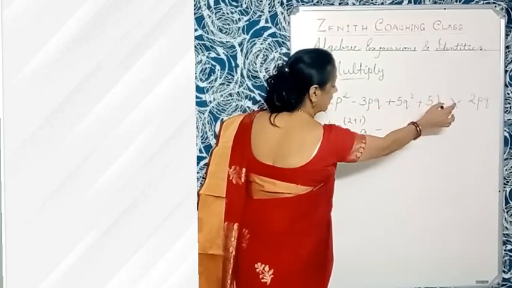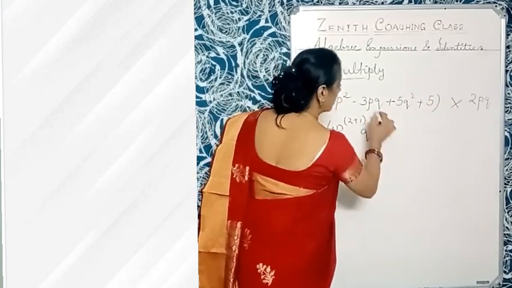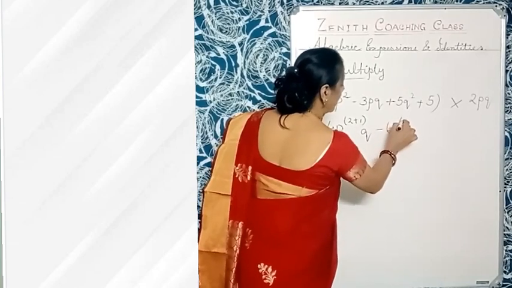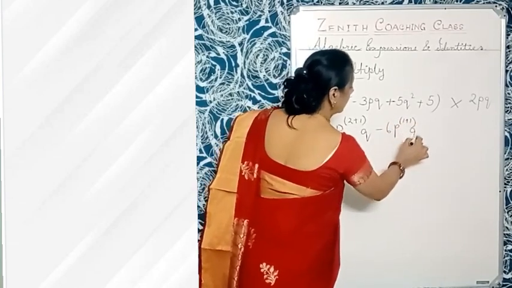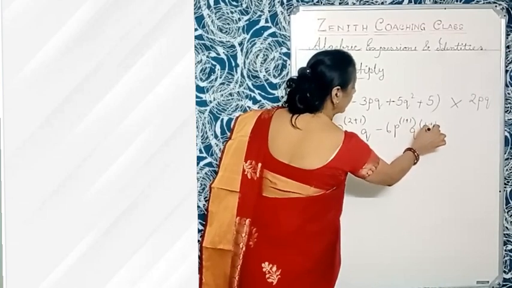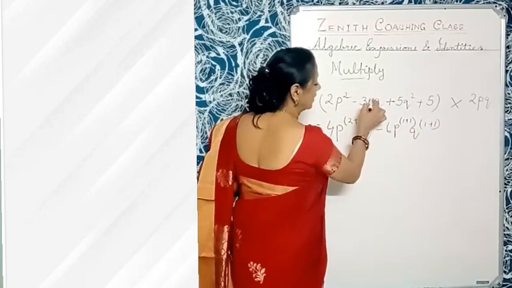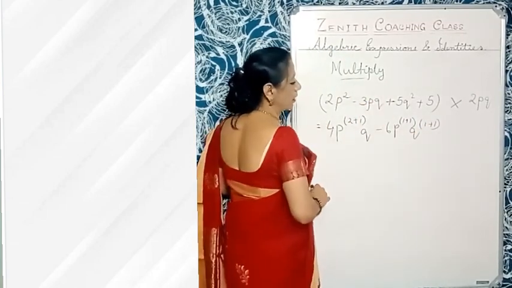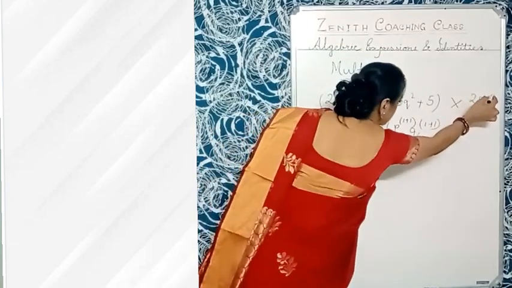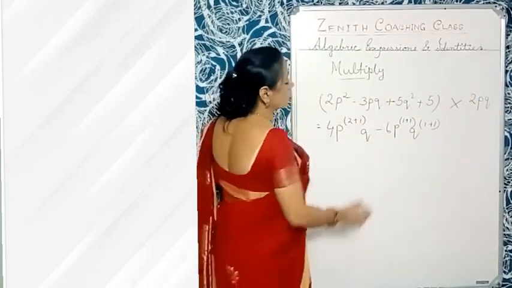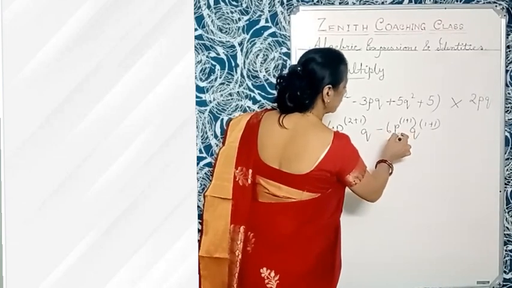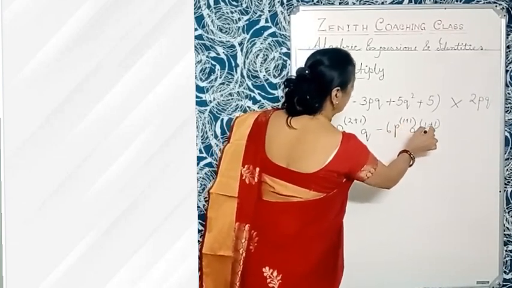Minus 2 multiplied by 3 equals 6. p to the power 1 plus 1, q to the power 1 plus 1. Again and again I am telling you, if there is nothing, you have to consider 1 there, 1 to the power 1. So p to the power 1 plus 1, q to the power 1 plus 1.